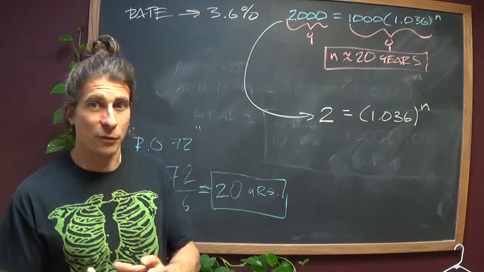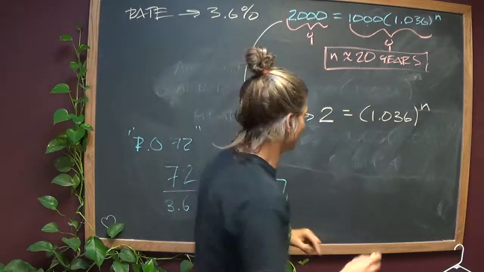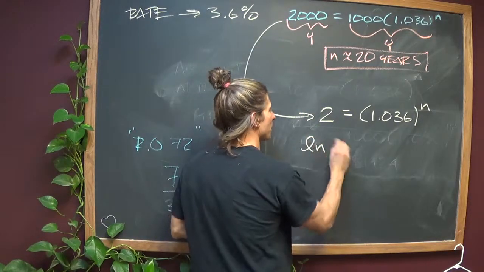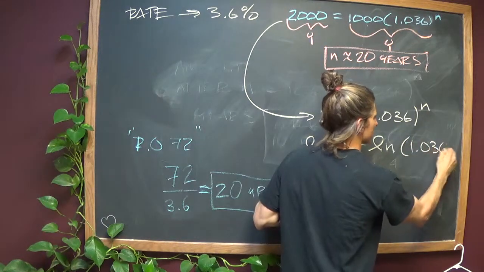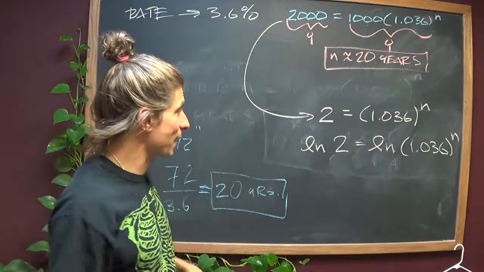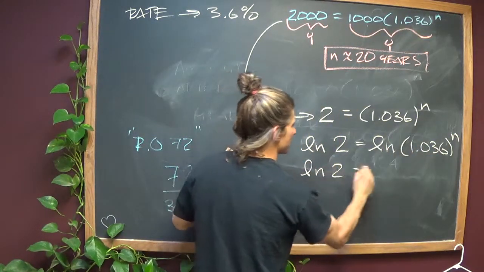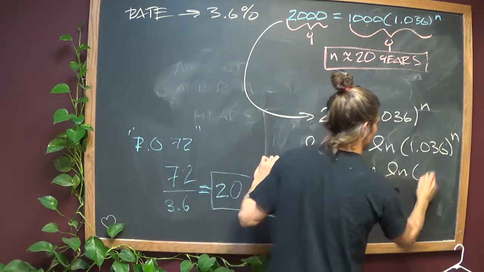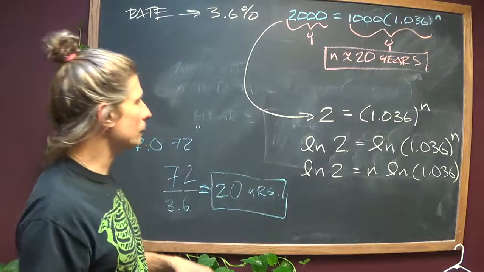Since it's the inverse function, it's the way to get that out of the exponent and down to the working line. So what you do is you take logarithms of both sides, and then there's a rule of logarithms, which I've now forgotten the name of, that allows you to bring this down in front. So you got the natural log of 2 equals n times the natural log of 1.036, and so forth and so on.